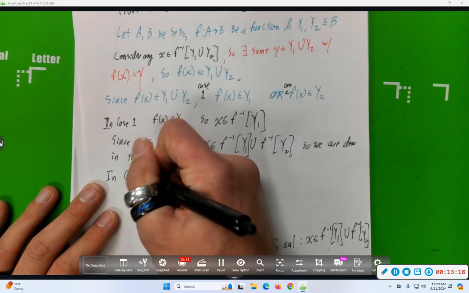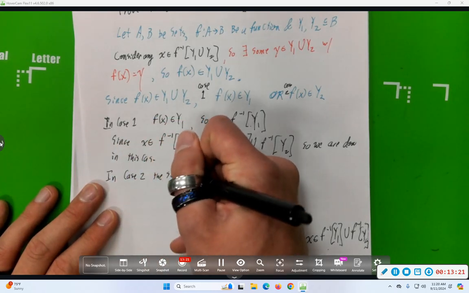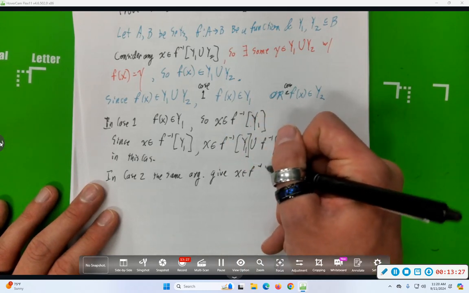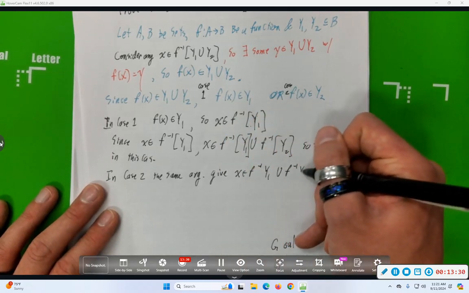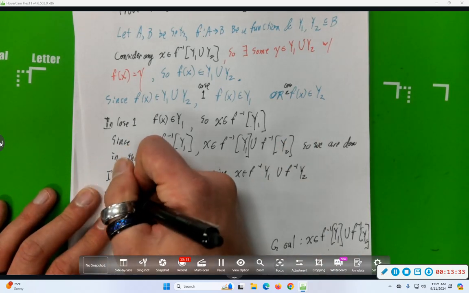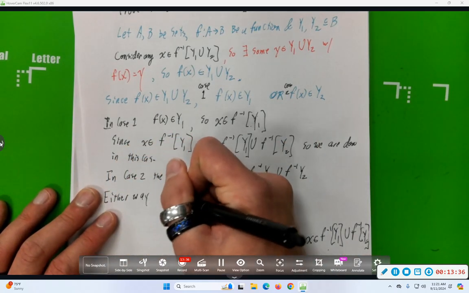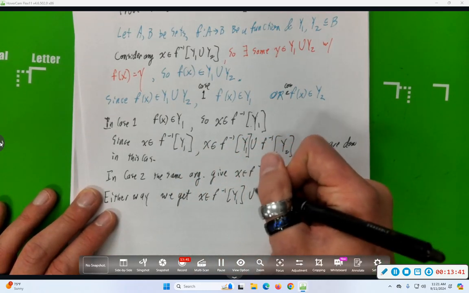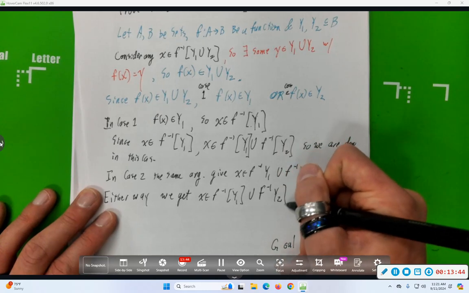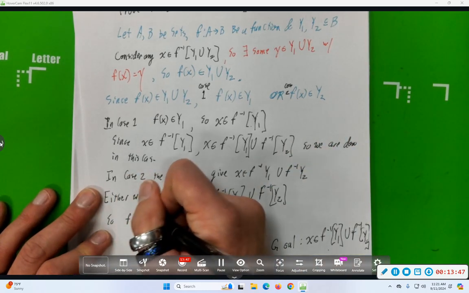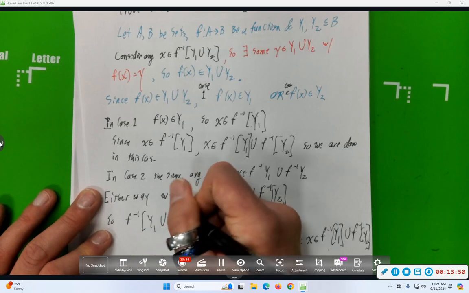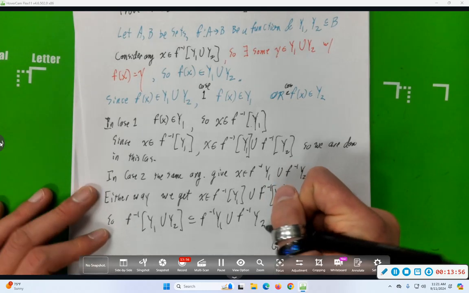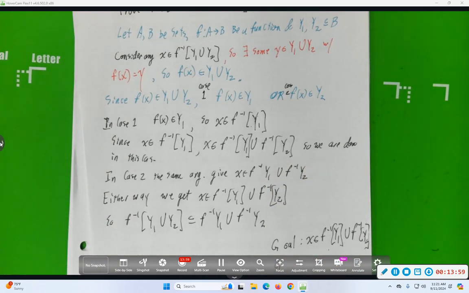In case 2, the same argument gives x in f inverse of y1 union f inverse of y2. So either way, that's my proof.